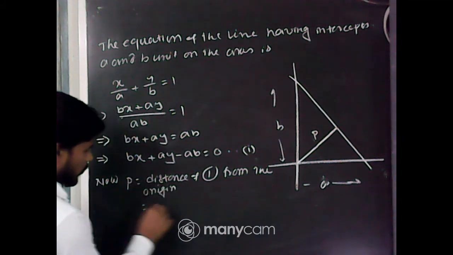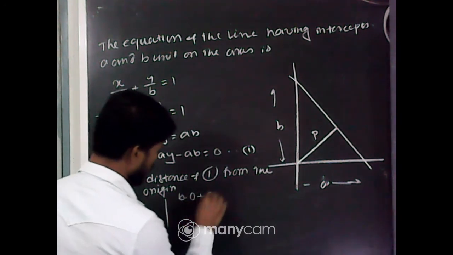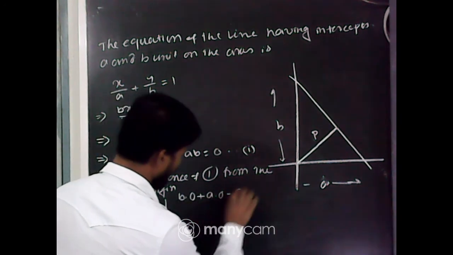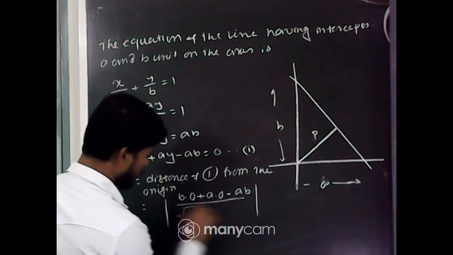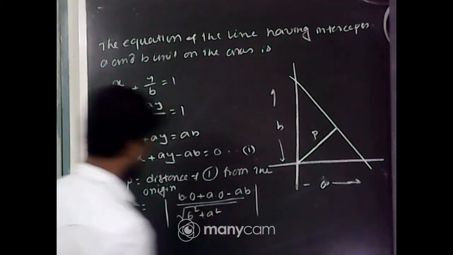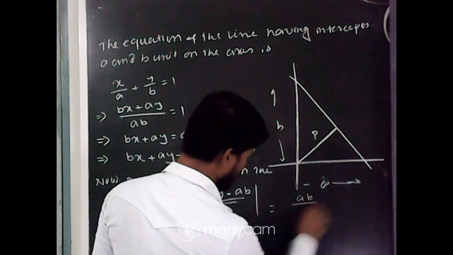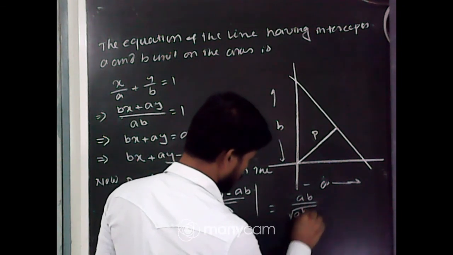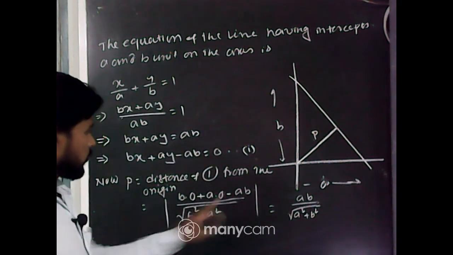And we know the formula, that is modulus of B into 0 plus A into 0 minus AB divided by under root of B square plus A square. That means this is AB by root over of A square plus B square. P equals this.